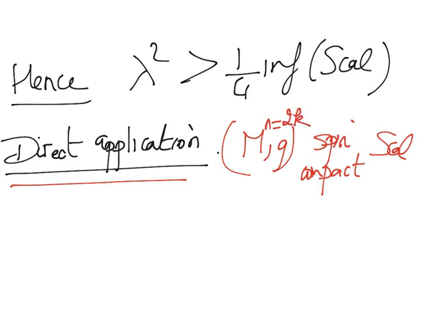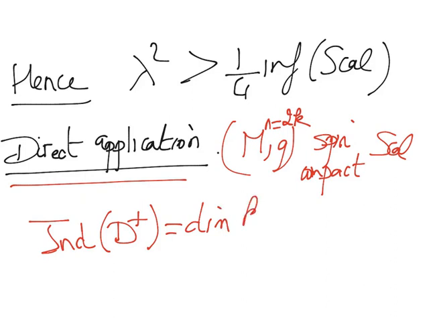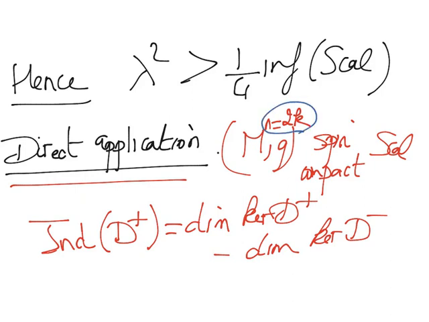We know that the index of the positive part of the Dirac operator is the dimension of the kernel of the Dirac operator D plus minus the dimension of the kernel of the Dirac operator D minus. So what are the D plus and the D minus? In the even case, I didn't show it yet, but I will do it later on.